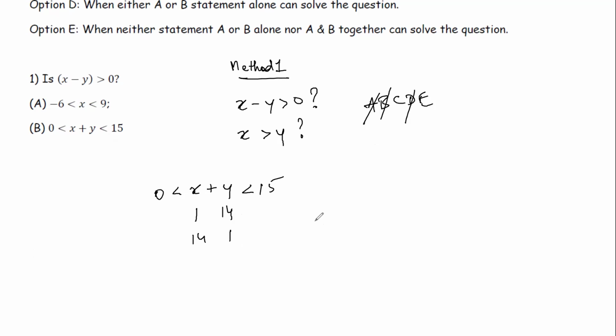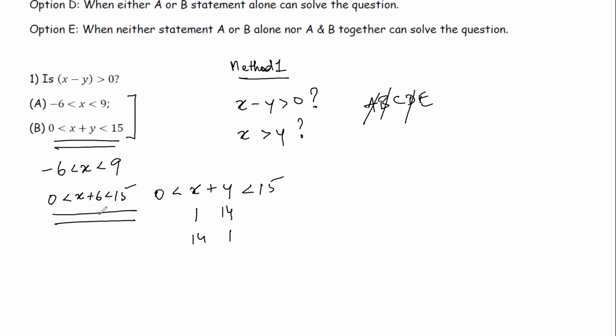Now that we have to take both statements together. For the first statement, minus 6 less than x less than 9, we'll try and simplify it further by adding 6 on both sides. So when we add 6 on both sides, this is what we get. Now when you compare this with statement B, we realize that y is 6.